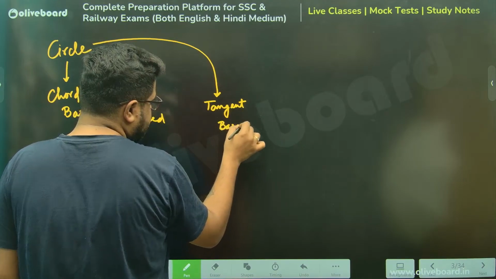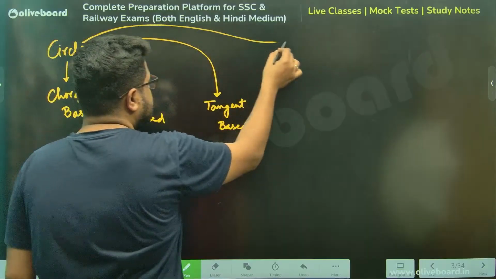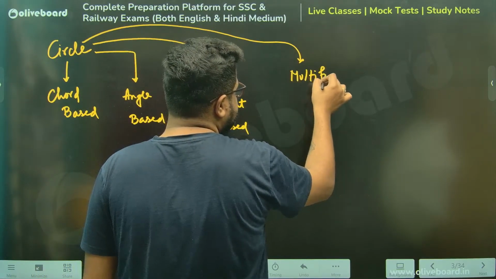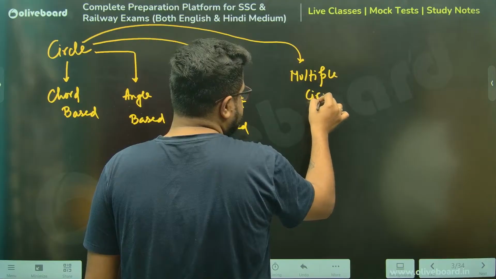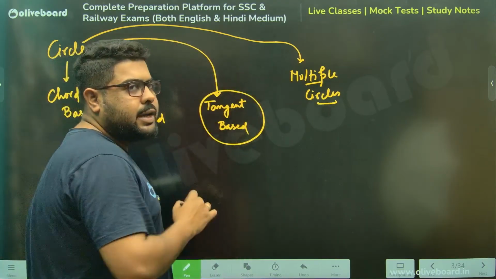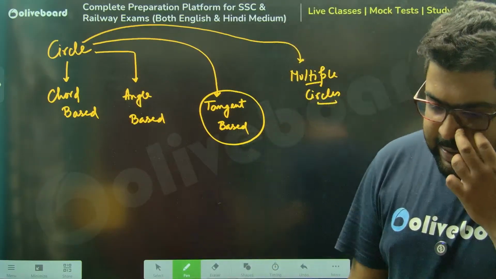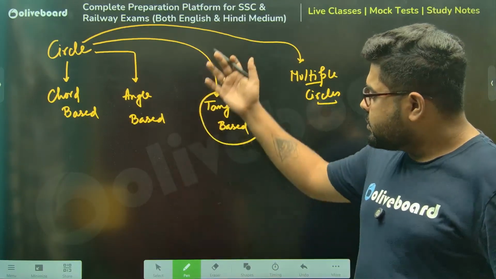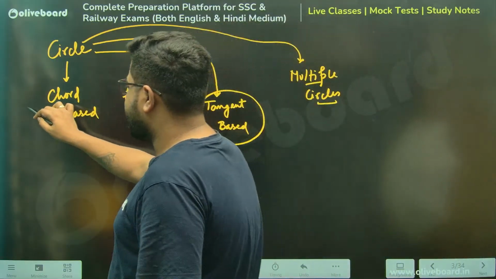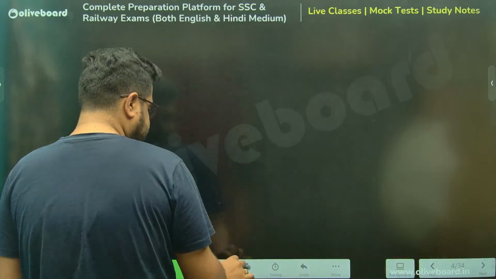But please understand, apart from all this, there are also multiple circles based questions. This is very similar to tangent based, but I classify it as a different topic altogether. So naturally we will start from chord based properties.